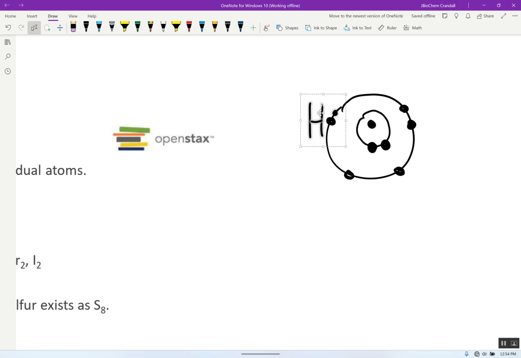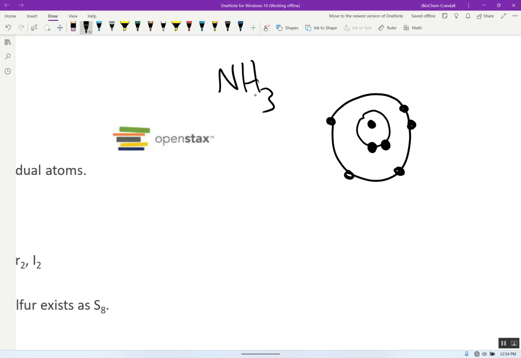Let's put one here, and you could imagine I could have 2 more hydrogens at the other vacancies. And I would create these covalent bonds, right? If that was nitrogen, then it would become NH3, which is ammonia. All right? So this nitrogen could bond to 3 hydrogens, and we could create ammonia.